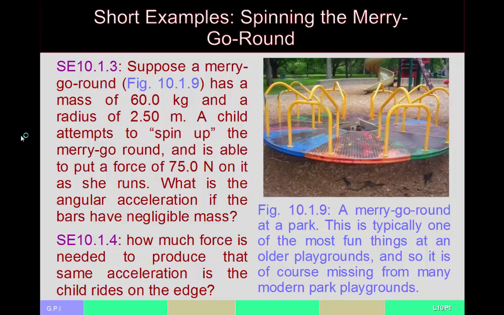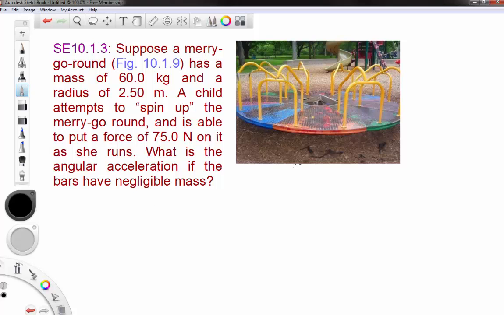Suppose you have a merry-go-round with a rider, and then a second child is trying to spin up the merry-go-round. What's the angular acceleration going to be, assuming that the bars of the merry-go-round themselves have negligible mass? Okay, so the scenario is that you've got a child who is basically running around this merry-go-round, pushing on the merry-go-round so that the merry-go-round will spin.